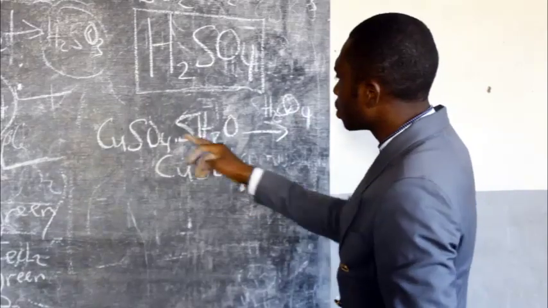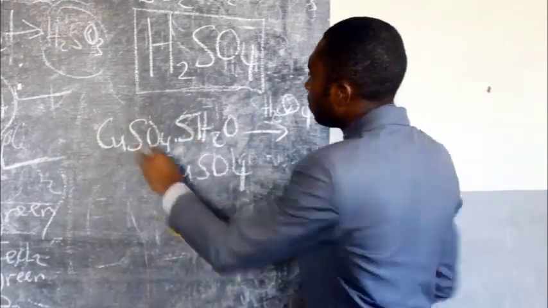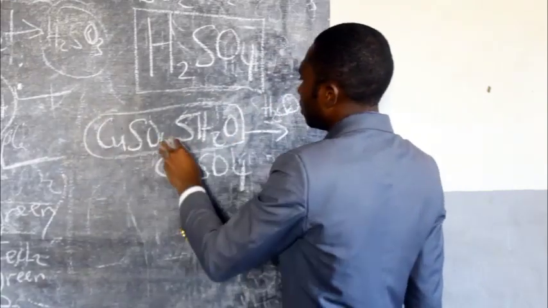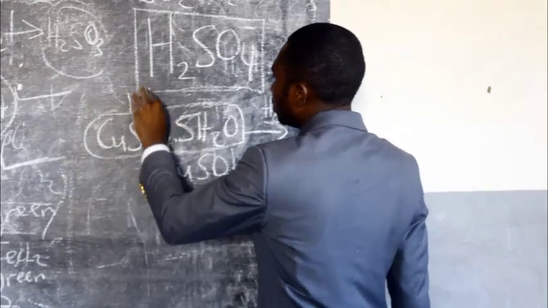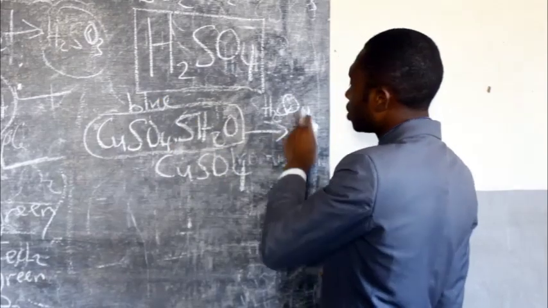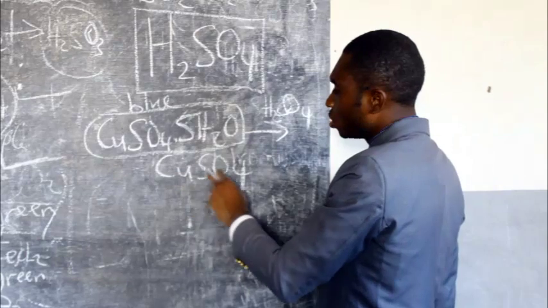You know this compound, copper tetraoxosulfate(VI) pentahydrate, is blue in color. It is used to test for water. When it loses its water, it turns to anhydrous CuSO4.